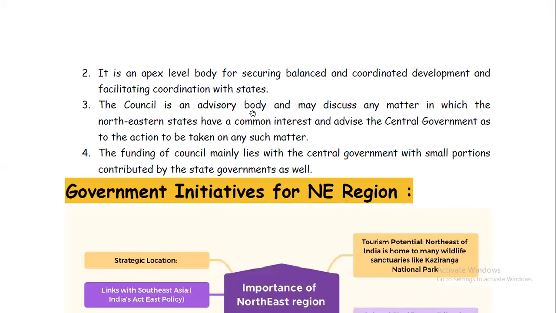It acts as an advisory body and may discuss any matter in which the Northeastern states have a common interest and advise the central government as to the action to be taken on any such matter.